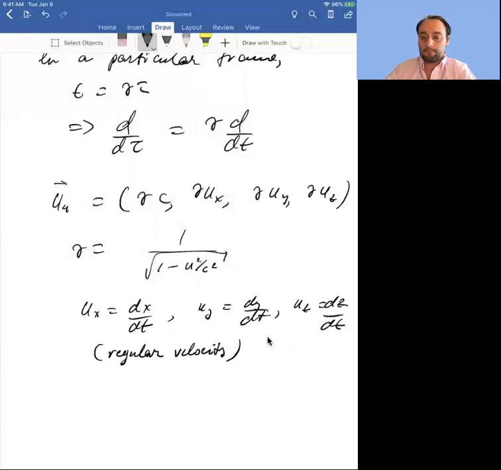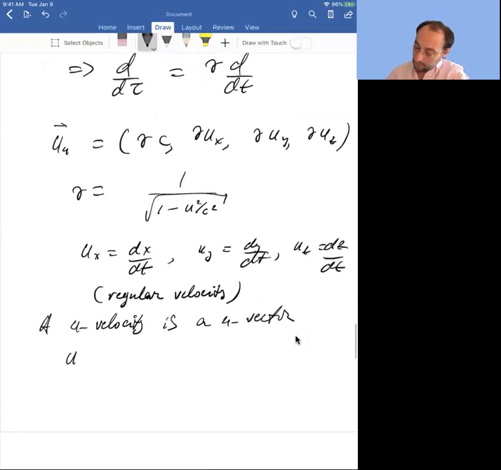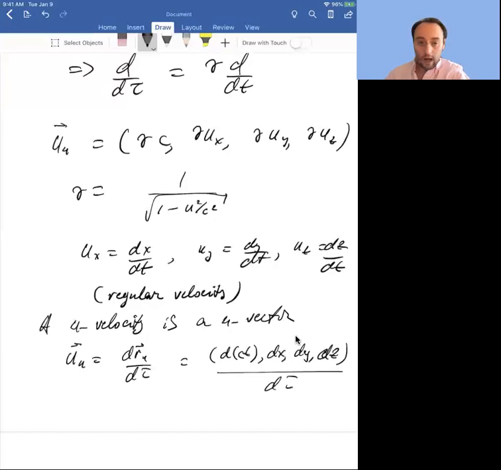Let me pause. Now, a four velocity is a four vector. And you can see that because the four velocity is dr over d tau, which is d ct, dx, dy, and dz divided by d tau.